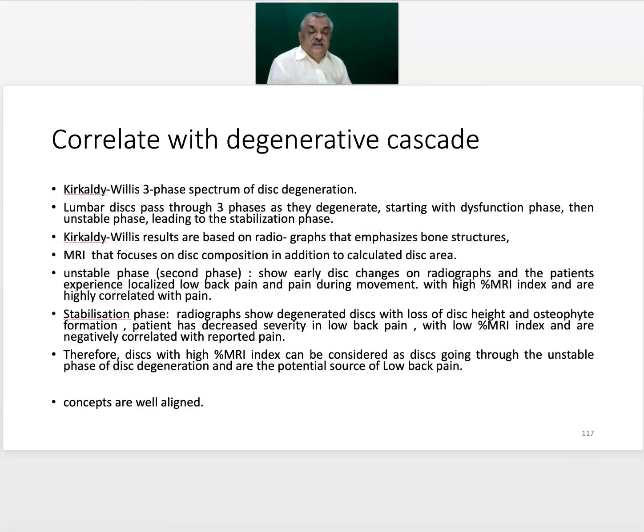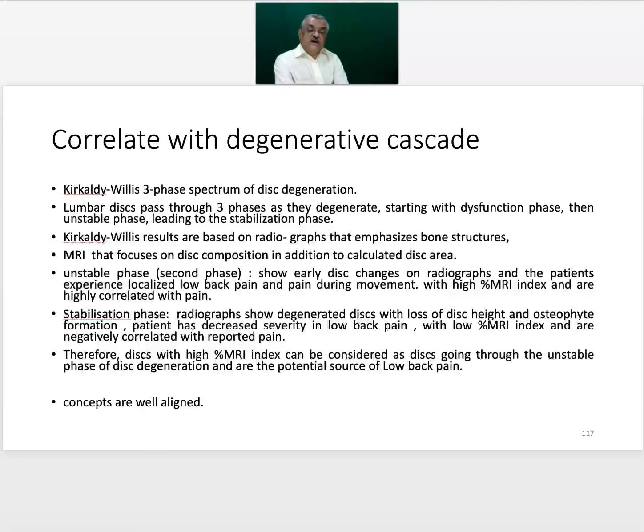Stabilization phase, radiographs show degenerated disc with loss of disc height and osteophyte formation, and the patient has decreased severity of low back pain with low percent MRI index and are negatively correlated with the reported pain. So what probably happens is in the stabilization phase, there is a healing of the annular tears and those changes which give rise to inflammation.